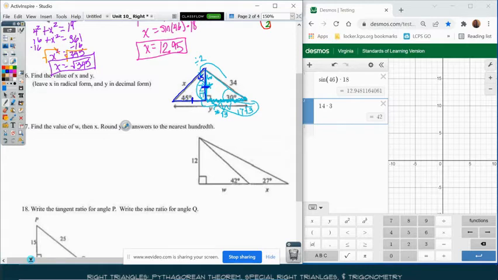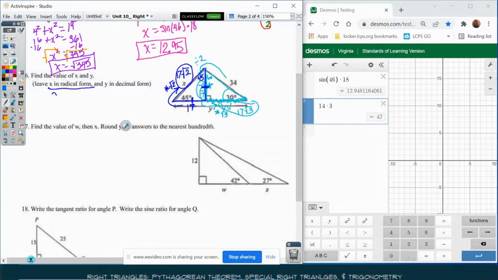So if I just found z as a 17, then I know that the bottom side is also going to be the same congruent measurement of 17. Use that to get to your x. Either leg to get to the hypotenuse in a 45, 45, 90 is going to multiply by the square root of 2. So we're talking about 17 times the square root of 2 for that x value. So that answers one question for us.